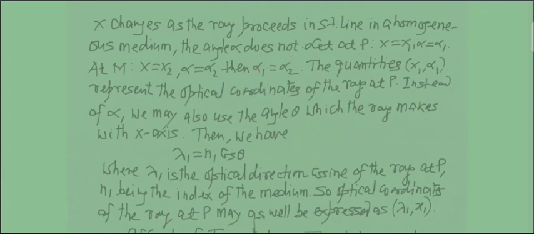By simple geometry of two parallel lines intersected by a transversal, we can have alpha 1 equal to alpha 2.